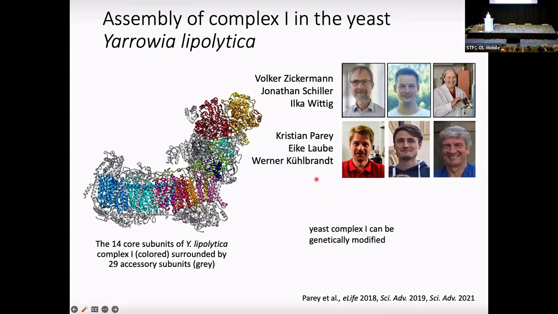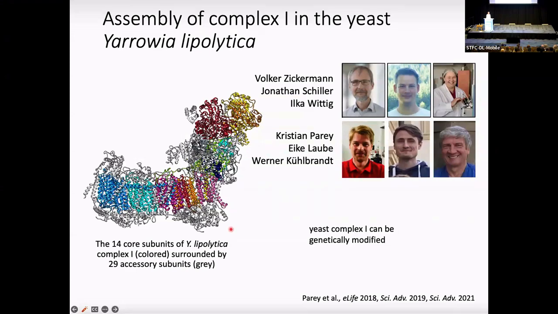And much of the work has been driven by Christian, who has produced lots of beautiful structures, and he's now in Osnabrück. And later on, I will show a little bit of Christian's work.